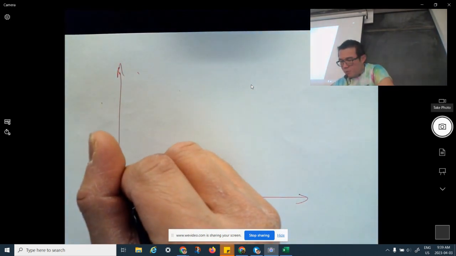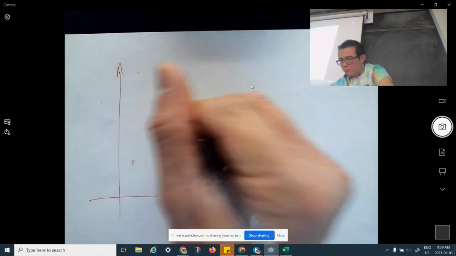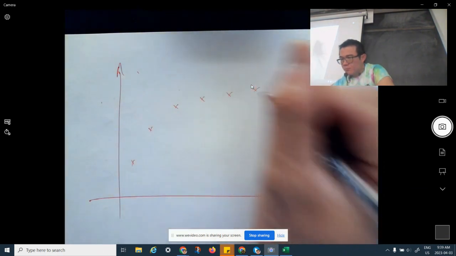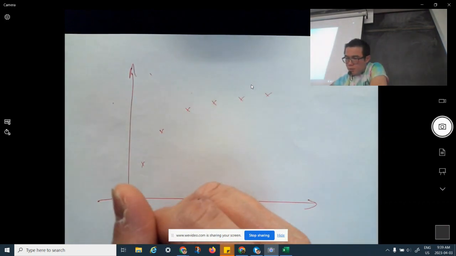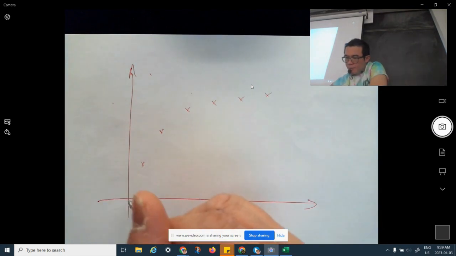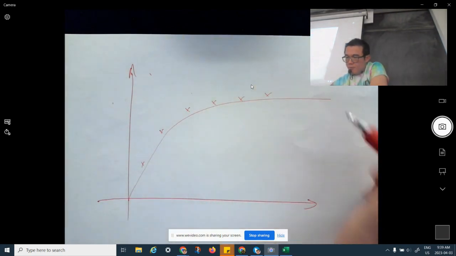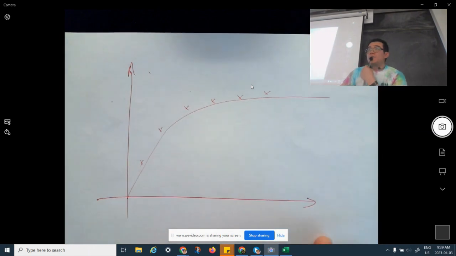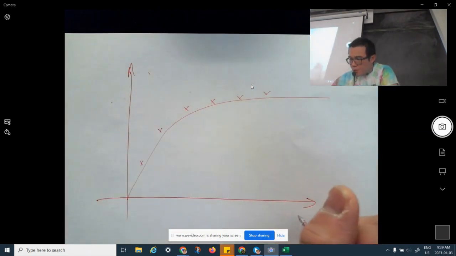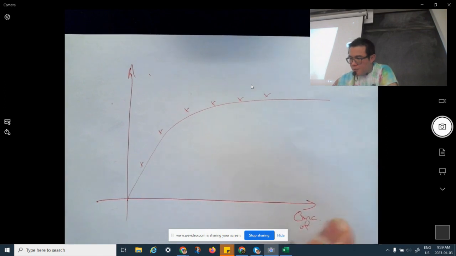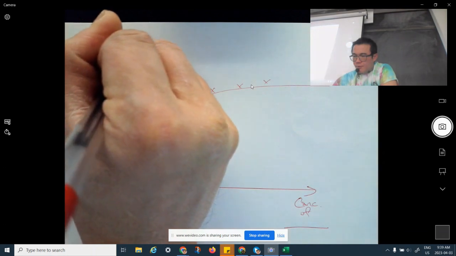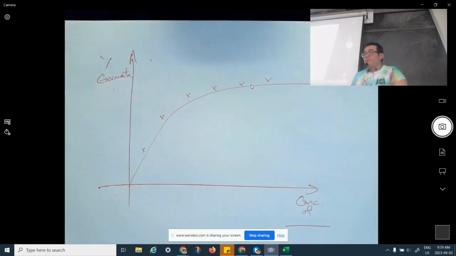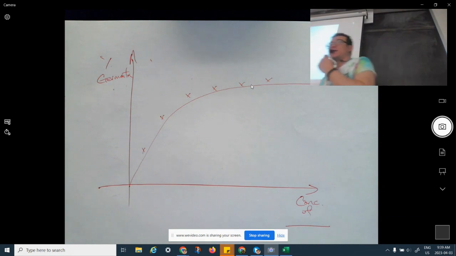So let's just say this is concentration of something, and this is percentage germination. Okay. So in this case, let's just say that's my line of best fit. Those are my values in my line of best fit.